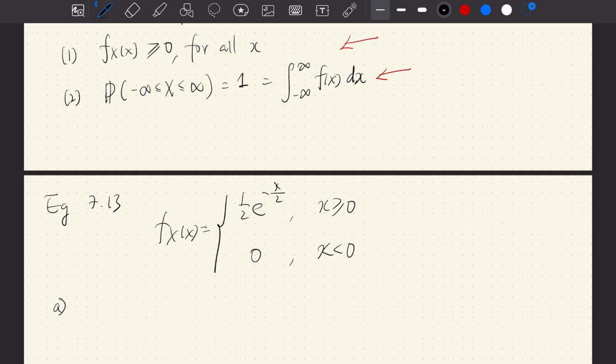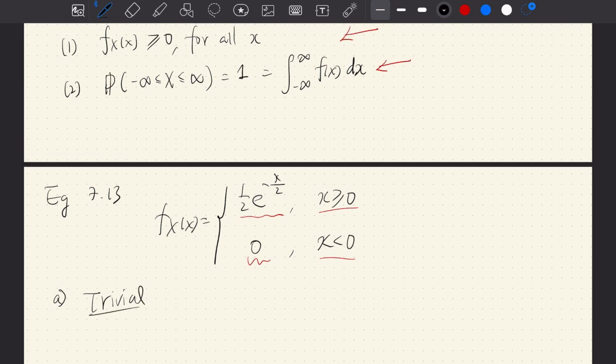And this is trivial, because for x less than 0 it is just 0, and 0 is greater or equal to 0. And for x greater or equal to 0, we can see that this is an exponential function, and exponential functions are always greater than 0. So the first requirement is trivial, okay?